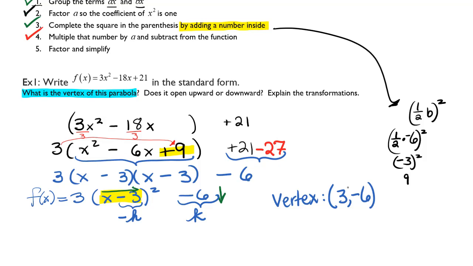So it makes sense that a standard parabola centered about the origin at 0, 0, once transformed, would go from being centered about 0, 0 to being centered about 3, -6.